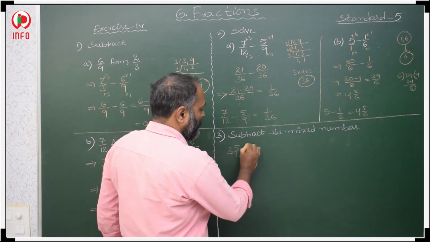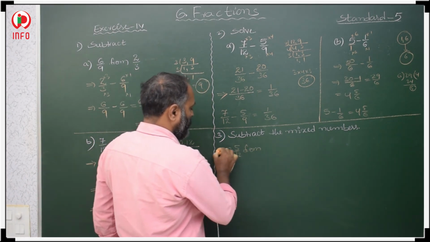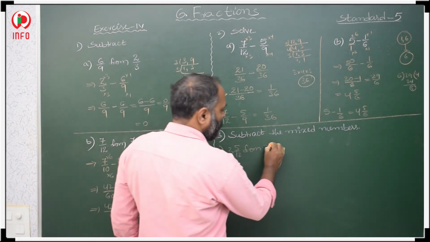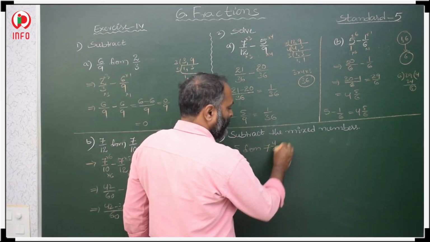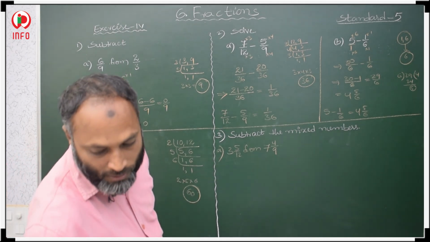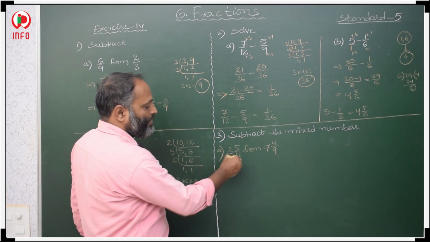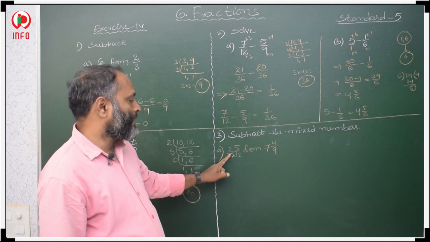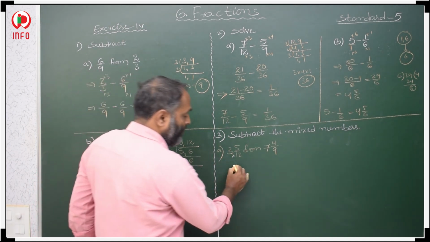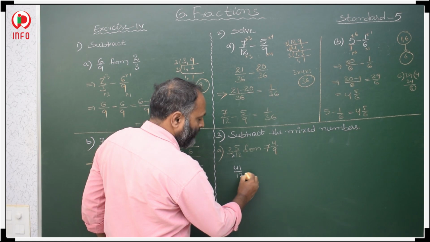Next, in this third one, we have to subtract the mixed number 3 5 by 12 from 7 4 by 9. So, how to do this? See here. First, we have to multiply these two. 12 3s are 36, 36 plus 5, 41. 41 by 12.